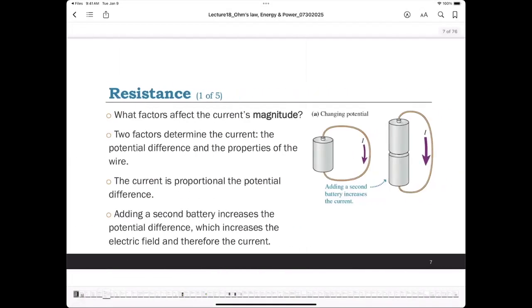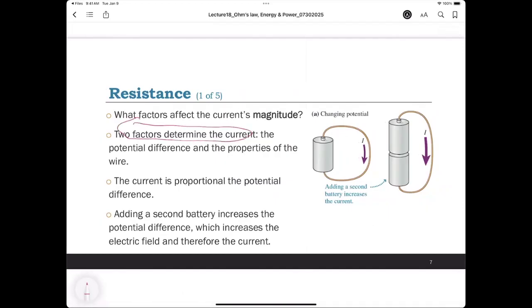Okay, let's talk about this one. What factors affect the current's magnitude? There are two factors that determine the current. Maybe someone will be confused.